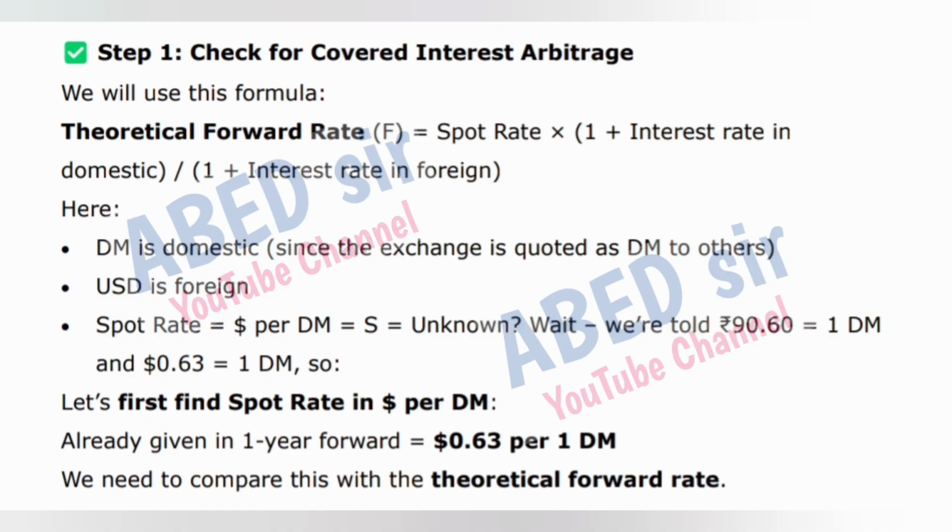Wait, we are told 90 rupees and 60 paise is equal to 1 DM and 63 cents is equal to 1 DM, so let's first find spot rate in dollar per DM. Already given, 1 year forward is equal to 63 cents per 1 DM. We need to compare this with the theoretical forward rate.